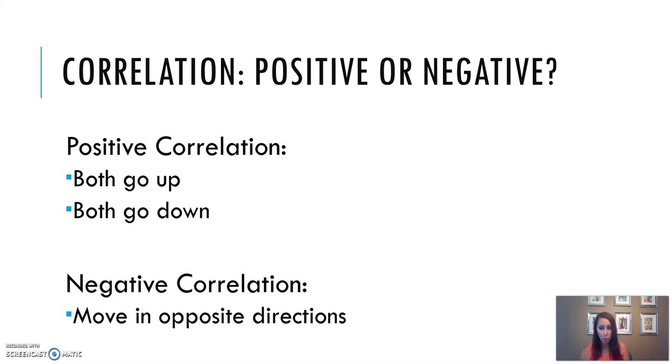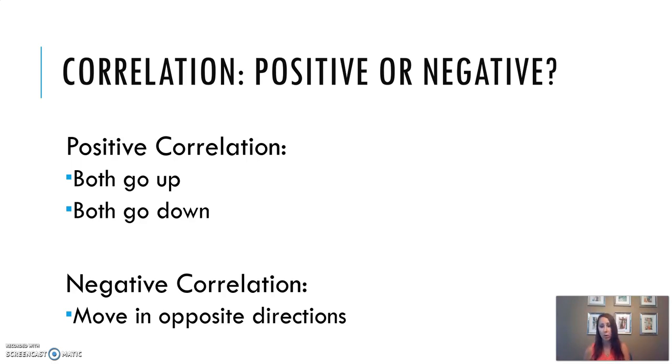A negative correlation is when the variables that you're looking at are moving in opposite directions. So one thing is going up as another thing is going down. So like if I were to say, we have research showing that the higher the frequency of alcohol consumption among college students, the less consistent their course attendance is.